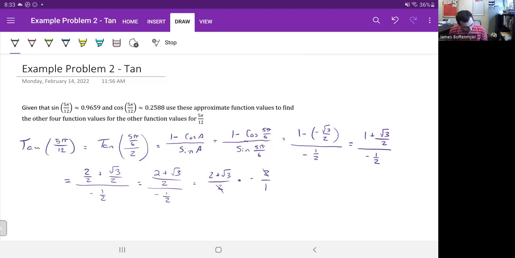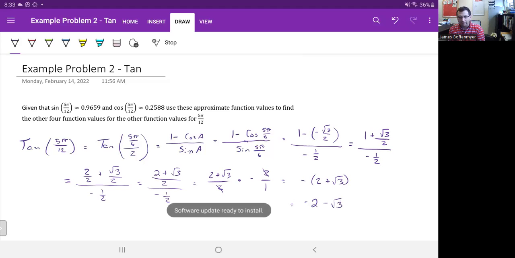They divide out. So all we're left with is a negative 2 plus the square root of 3. You can keep it like that. My math lab may want you to distribute that negative sign into the parentheses, so it could be a negative 2 minus the square root of 3.